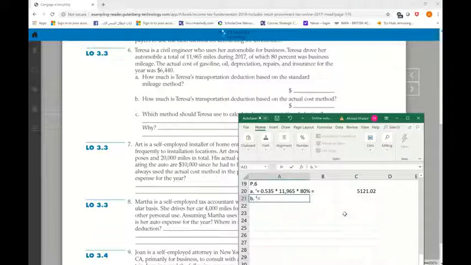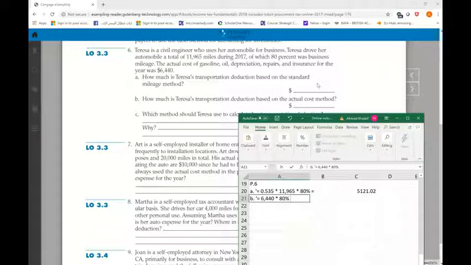Okay, so for the actual method, we have the actual cost here, which is 6,440. This is merely the total expenses, and this is for both personal and business related. So this will be multiplied by 80%, which is business related.